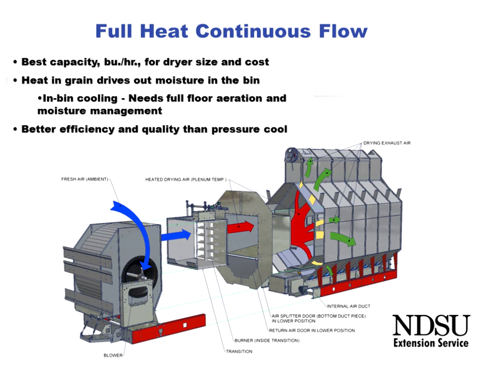We've seen a lot of dryers be used as full heat continuous flow dryers recently. Part of the reason for doing that is it gives us the best capacity in bushels per hour, because we're using this entire dryer under the heat mode, so we're drying in that whole dryer.